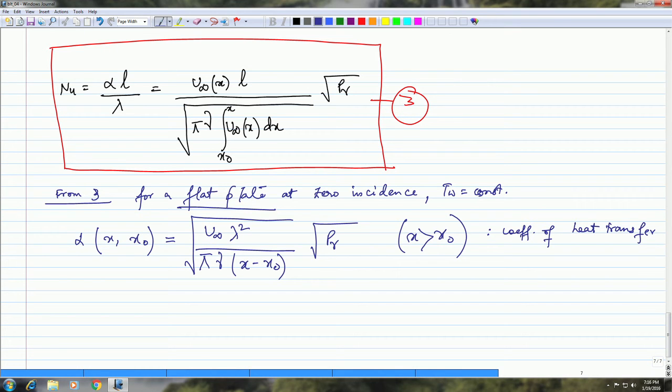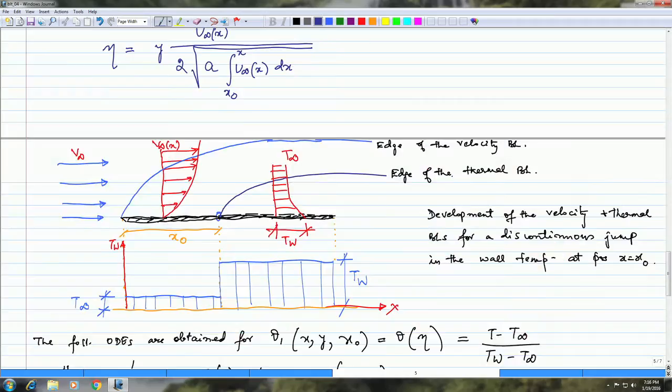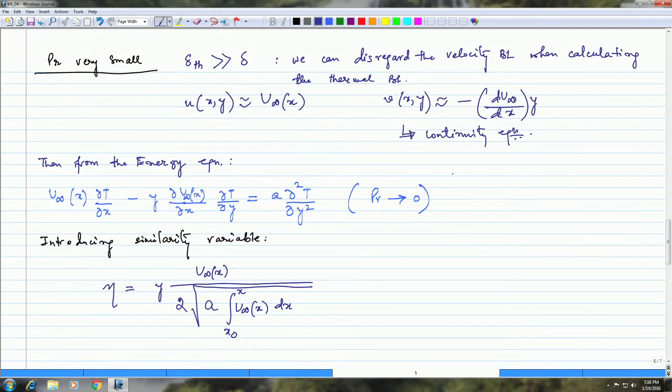So that's pretty much what I wanted to talk about for the first case, where we talked about the Prandtl number being very small.